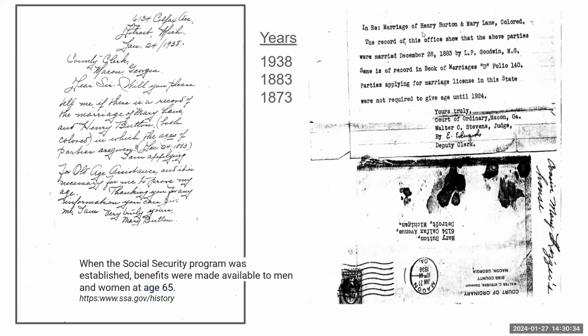And this is the response they sent back. "In re marriage of Henry Burton," and that's what's on the record, "Henry Burton, colored. The record of this office shows that the above parties were married December 28, 1883 by L.P. Goodwin, minister of the gospel.